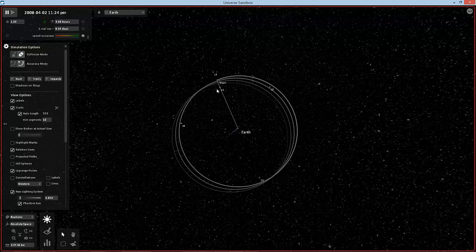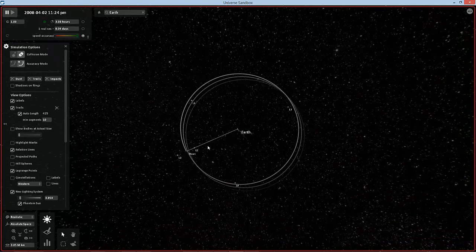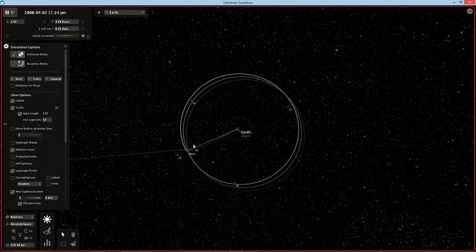The L1, L2, and L3 on this line are not stable. Why are they not stable? Well, the simple fact is, what are Lagrange points? Lagrange points are basically where you have one orbiting body, another orbiting body, and the gravitational wells working against each other. It's like one person pulling a rope, another person pulling a rope, and at this particular point, the energy is the same on both sides, so you're stuck.